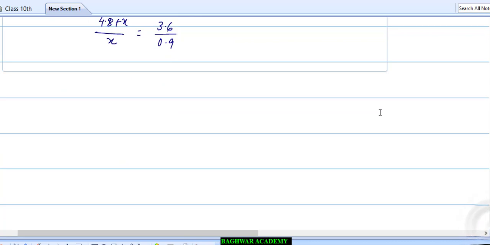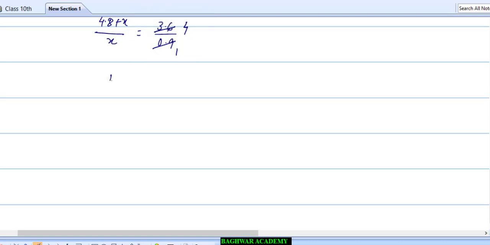This is required to be simplified and you will get the answer. So just see what comes. This will be 4.8 plus x into 0.9 equals 3.6 x, and if you cancel here itself, 9 times 4 is 36.